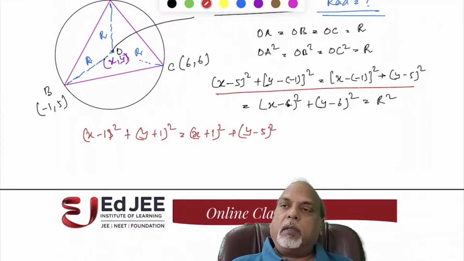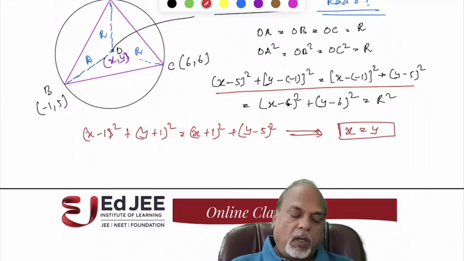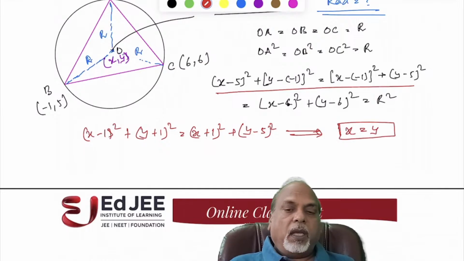Correct? This relationship will give you x is equal to y. Because you see, x and y are interchangeable. You don't have to solve this. Just see they are interchangeable.